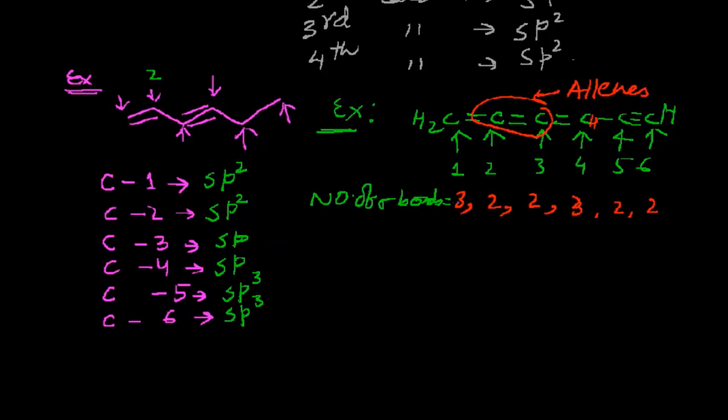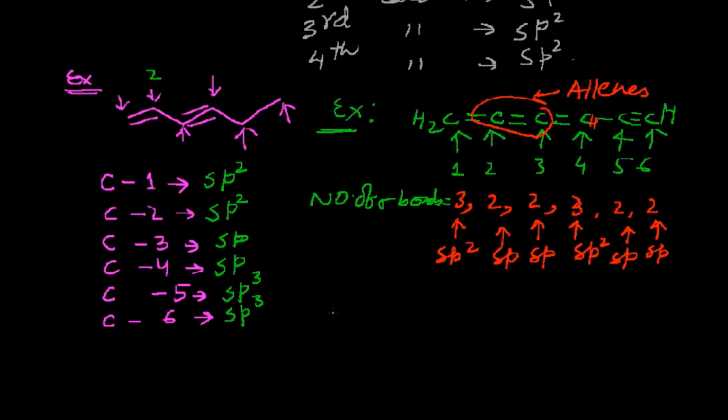But in this case, if I have to calculate the hybridization, so we can find out the hybridization corresponding to 3 sigma bonds would be sp2. With this 2 it will have sp, it will have sp, it will have sp2, it will be sp, and it will be sp. So these are the different hybridizations of these molecules. So it's very important to know.